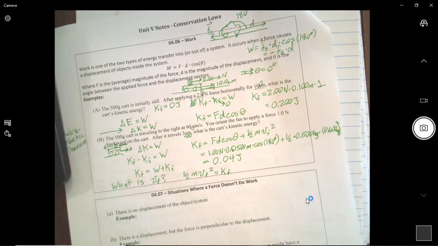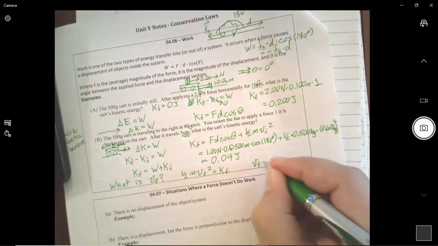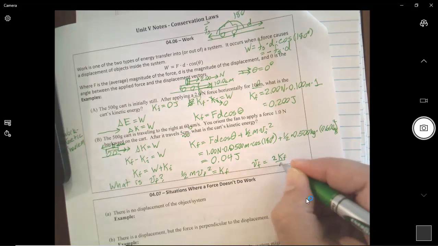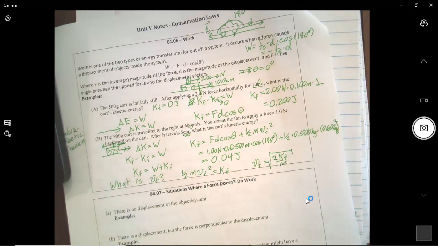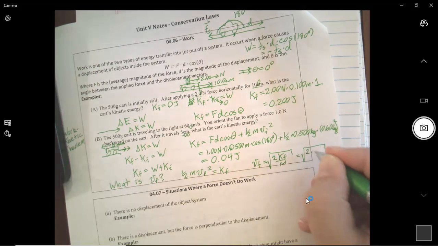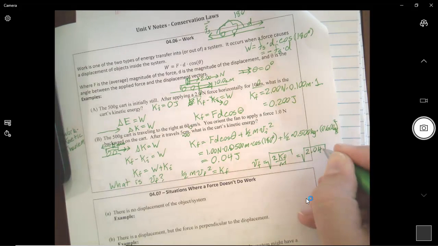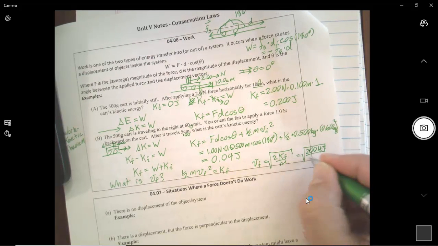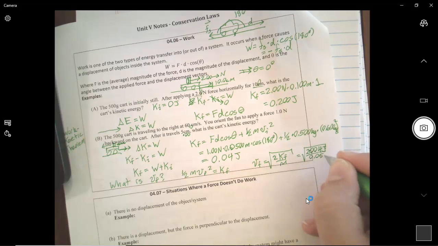We have Kf, so vf is equal to the square root of 2 Kf over m. So that's 2 times 0.4 joules over 0.5 kilograms.